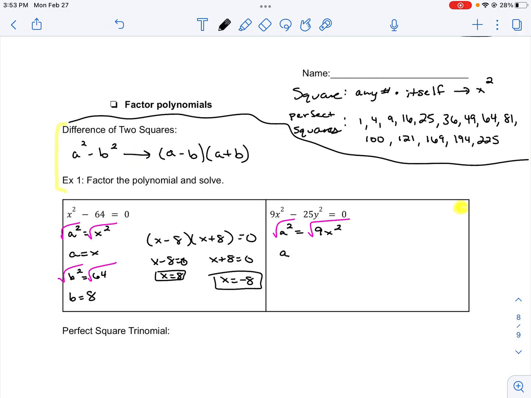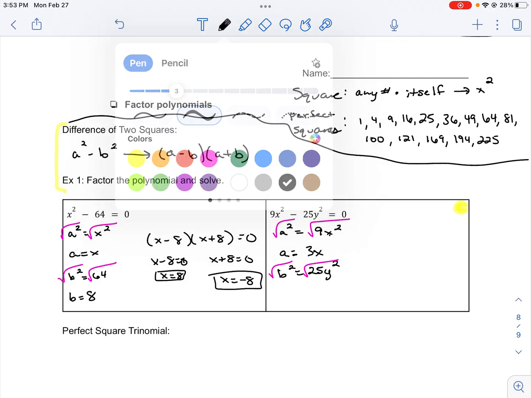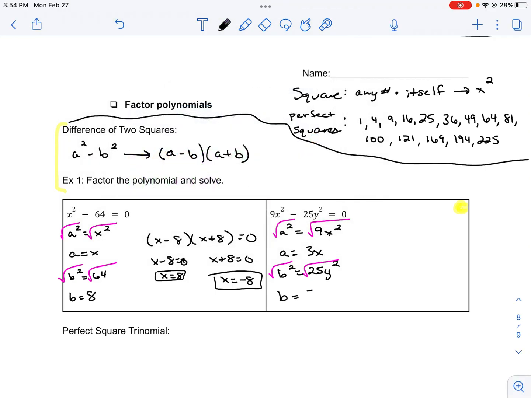When we take that square root, the square root of 9 is 3. X squared and the square root cancel, so it's just x. B squared is 25y squared. Once again, square root both sides. When you square root both sides, you get b equals 5y.